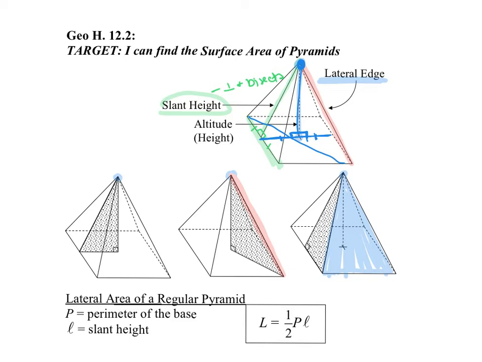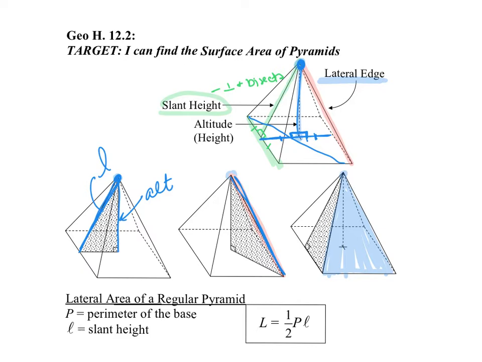Again, right here from the vertex down to the edge of the base, that is your slant height. They also use a fancy L for that, a cursive L. This right here would be your altitude or the height of the pyramid, okay? And one more time, this right here is your lateral edge, okay?